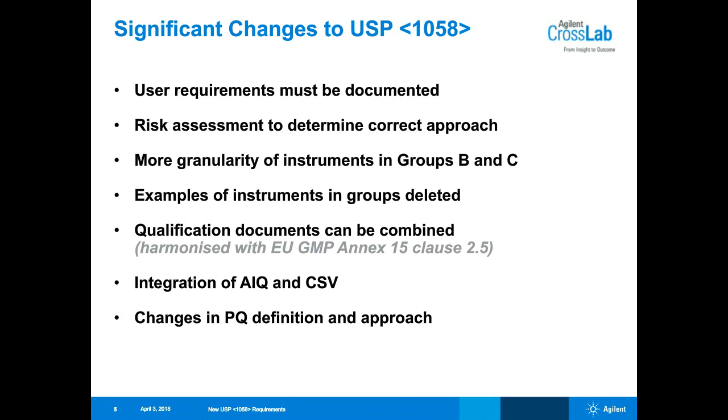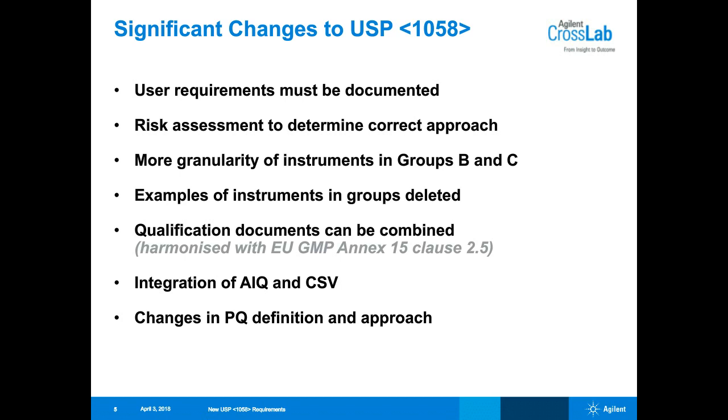In this new version, we have tried to combine equipment or instrument qualification and computer system validation. And the last thing, which we'll cover towards the end, is that there are changes in the PQ definition and the approach, and it's more rigorous than before.